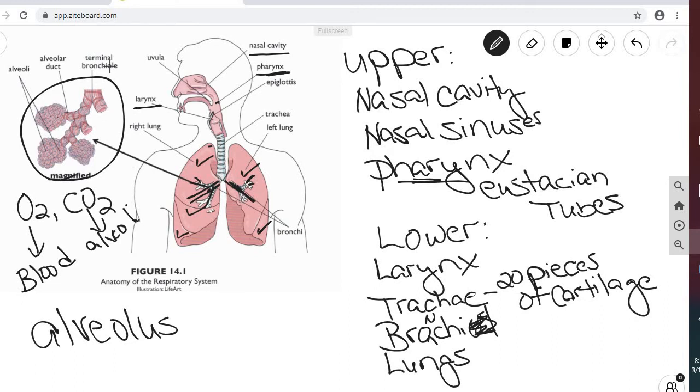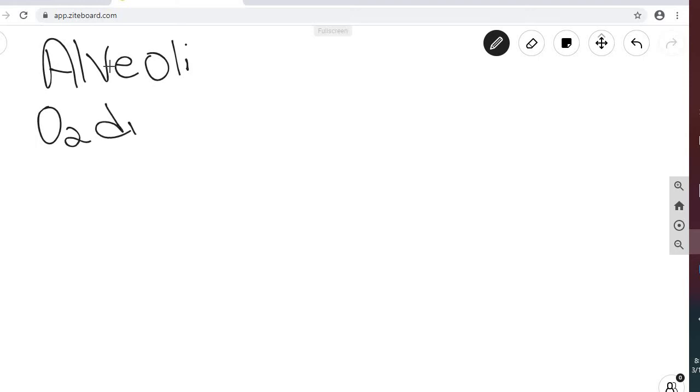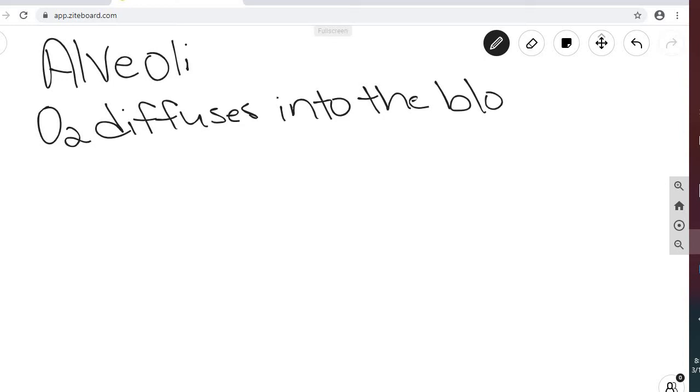So I'm going to go ahead and write that out, because that's a really important point of the respiratory system. So at the alveoli, oxygen diffuses into the blood, and then obviously that oxygen can then be transported throughout the body.